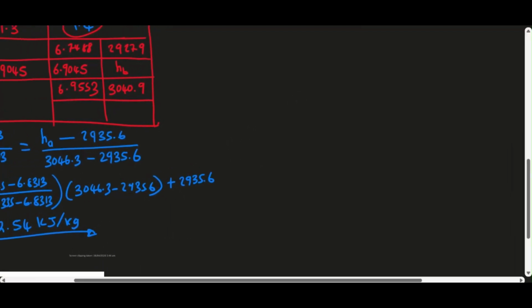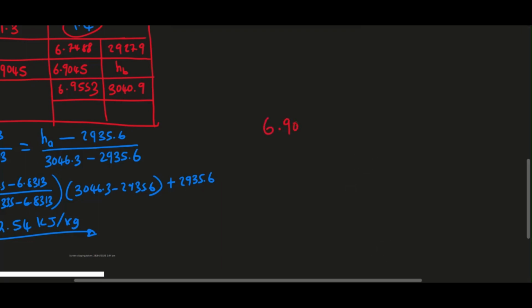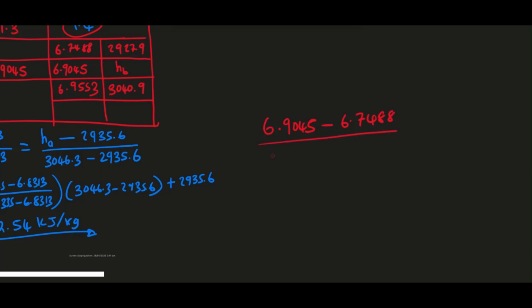We would say, okay, the entropy we are looking for is 6.9045. We'll subtract the lower limit, 6.7488, divided by the higher limit, 6.9553, minus 6.7488.